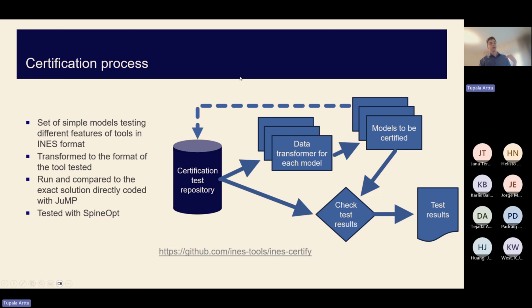Then we transform the data through the INES or from the INES to the model, and then we run the model, and then we check it with a hard-coded JuMP code and see that the results match. We have done this for SpineOpt, and it works now.